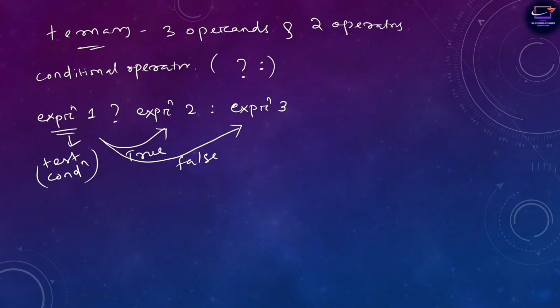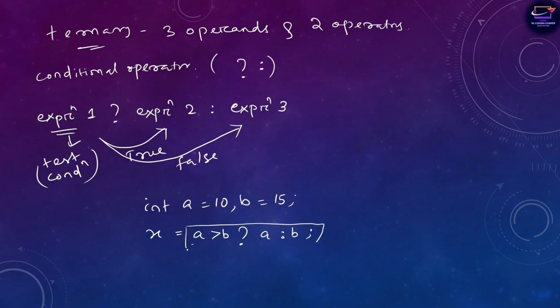So let's take an example here. See, int a equals 10, b equals 15, then x equals a greater than b, question mark a colon b. So this is expression 1 here. This is our conditional operator syntax format, right? This is expression 1, this is expression 2 and this is expression 3. So first of all expression 1 is evaluated, that is a greater than b, where a is 10, b is 15.